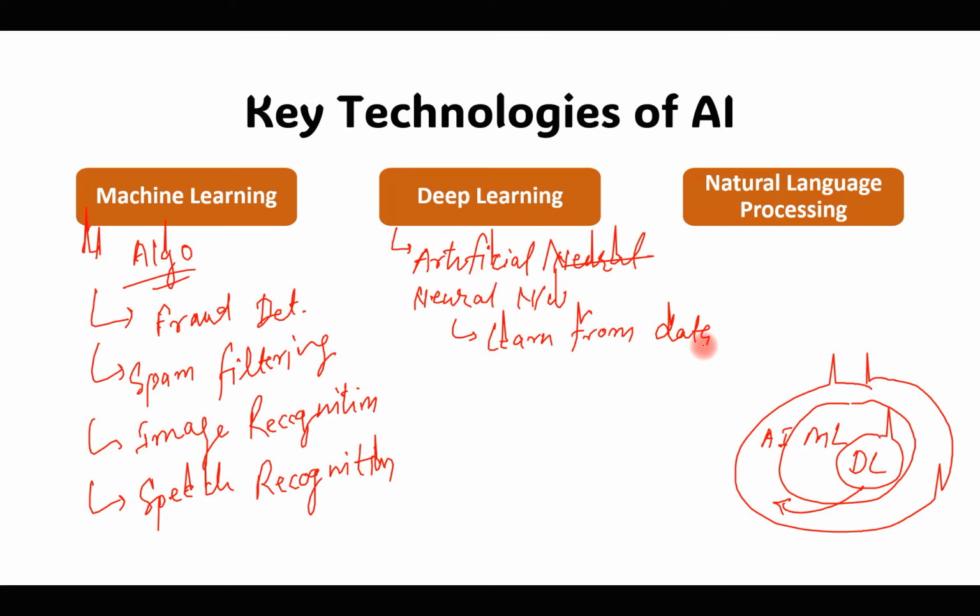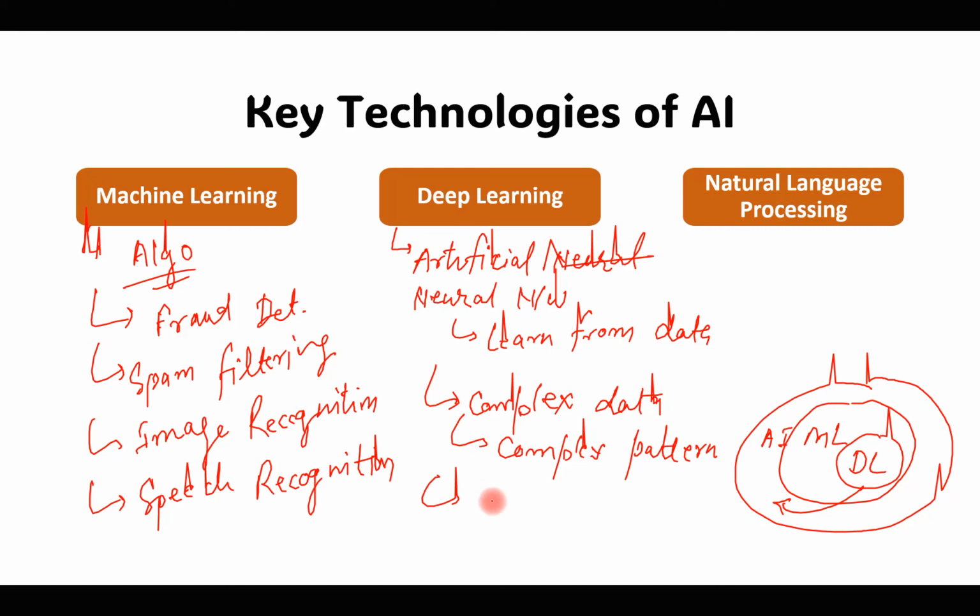So what is the primary purpose of using deep learning? Deep learning allows machines to learn from complex and unstructured data such as images, text, and audio. So it can learn from complex data and also learn from complex patterns, which can use images, text, and audio.